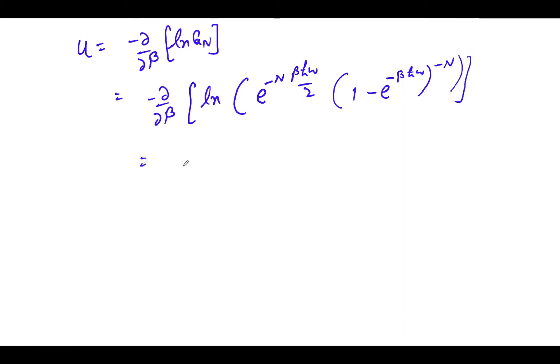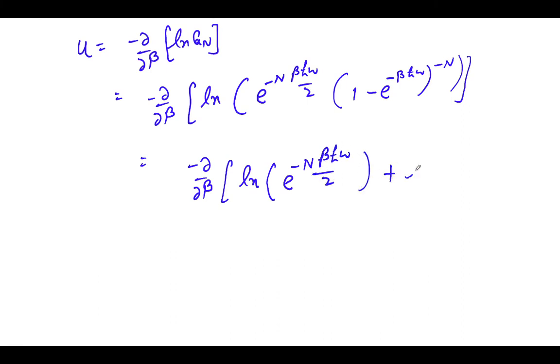So this equation becomes minus del by del beta of log of exponential of minus n beta h bar omega over 2, plus log of 1 minus exponential of minus beta h bar omega raised to the power minus n.